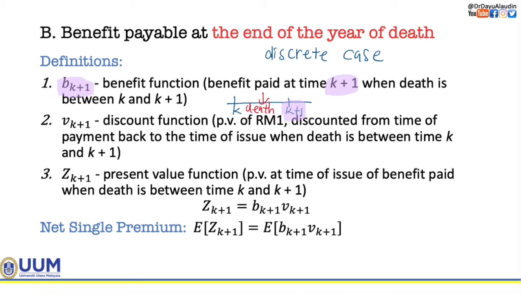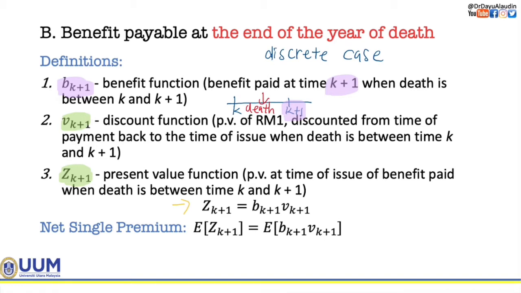And for the discount function, we denote it as V(k+1), and the present value function is Z(k+1). So Z(k+1) is B(k+1) times V(k+1).